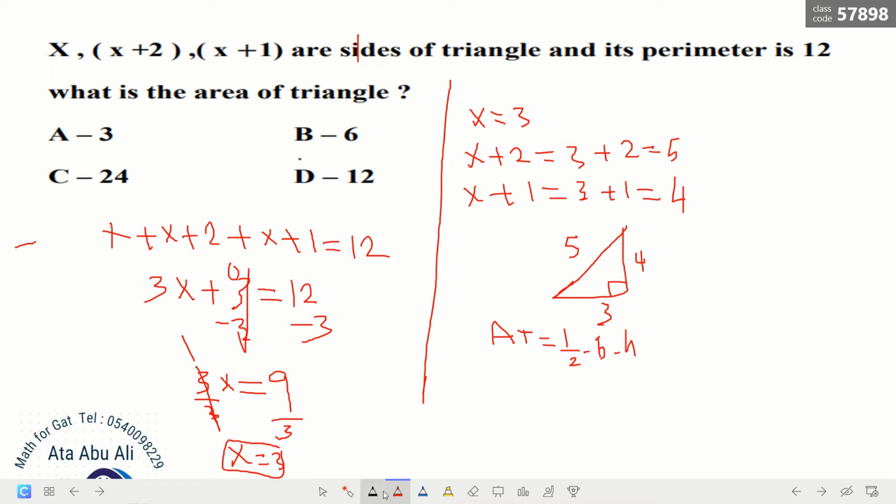As you know from the past, here the base is 3 and the height is 4. So I multiply 1 over 2 times 3 times 4. 3 times 4 is 12, divided by 2 is equal to 6. So as you see, the answer is 6, which is B.